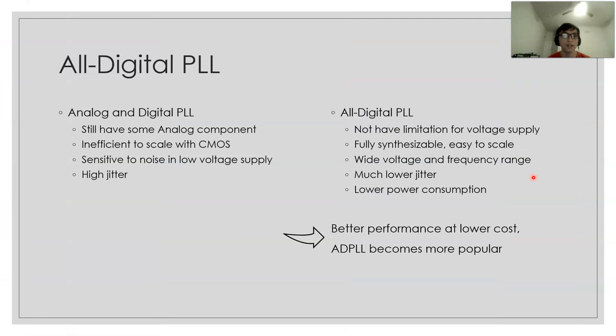With some conclusions, as you can see: if we compare analog and digital phase lock loops, both of them still have some analog components, and those analog components are much less efficient to scale as CMOS technology goes into the sub-nanoscale, and they also pose a great threat for noise at low voltage supply and high jitter.